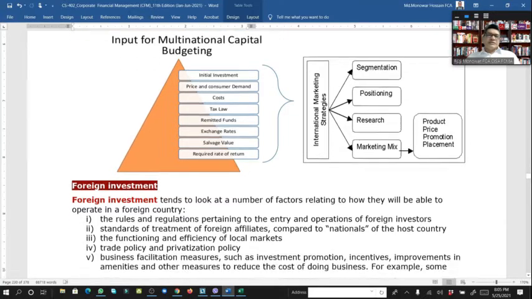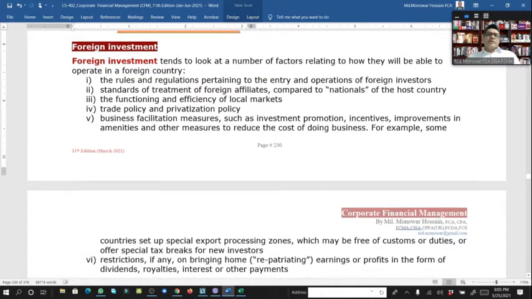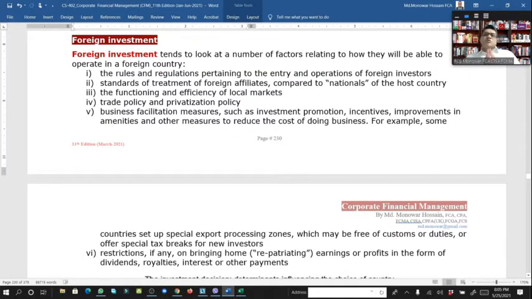the investment there. So foreign investment trends look at a number of factors relating to how they will be able to operate in a foreign country. The rules and regulations pertaining to the operation of the foreign investors' entity.